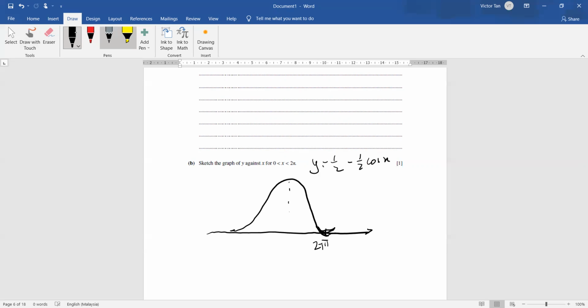Here will be pi. Here is 0. This is 1. Okay, that's it.